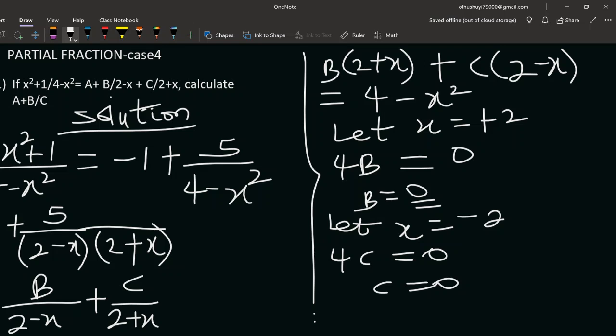So the question says find A plus B over C. So since A is minus 1 plus 0 divided by 0, that's undefined.